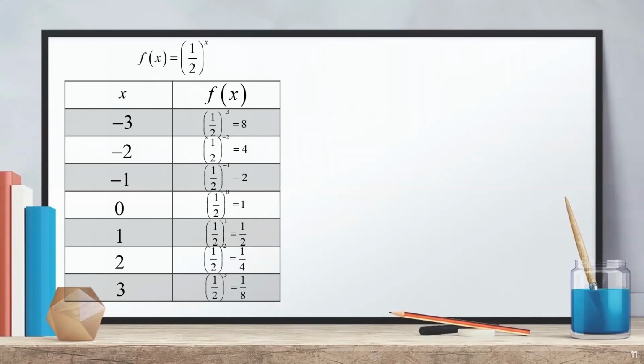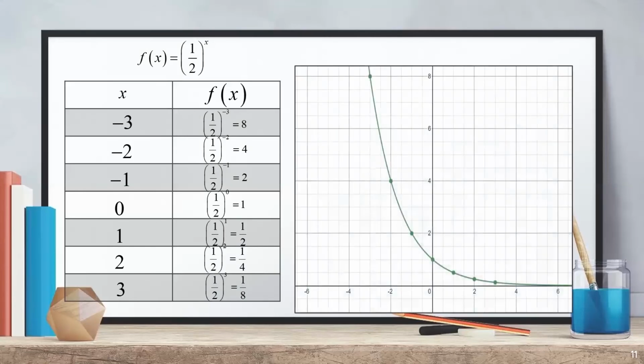With this table of values, we can see that we have the points (-3, 8), (-2, 4), (-1, 2), (0, 1), (1, 1/2), (2, 1/4), and (3, 1/8). Plotting these points on a Cartesian plane and connecting them, we have this graph as the graph of the given function f of x equals 1/2 raised to x.